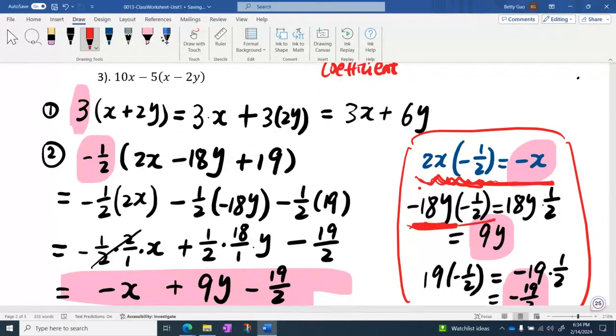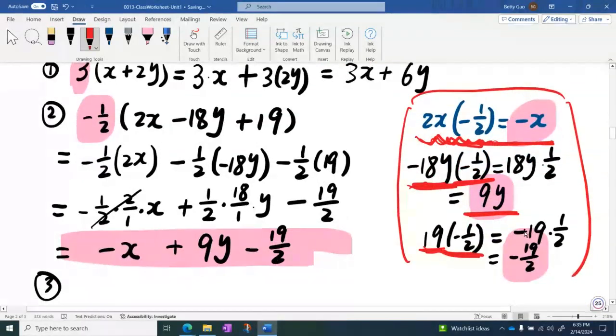We give that term coefficient negative half, and we get 9y. The third term is 19. We give 19 coefficient negative half. The result is negative 19 over 2. Then we just put those 3 terms together, and that's the result.